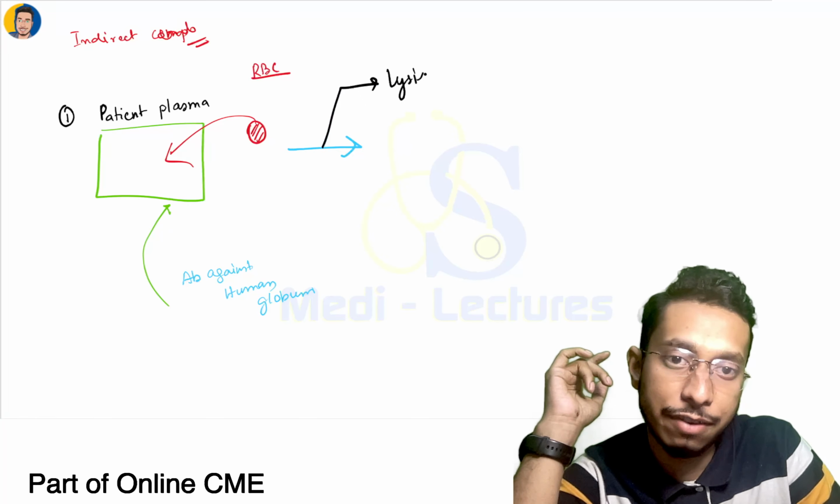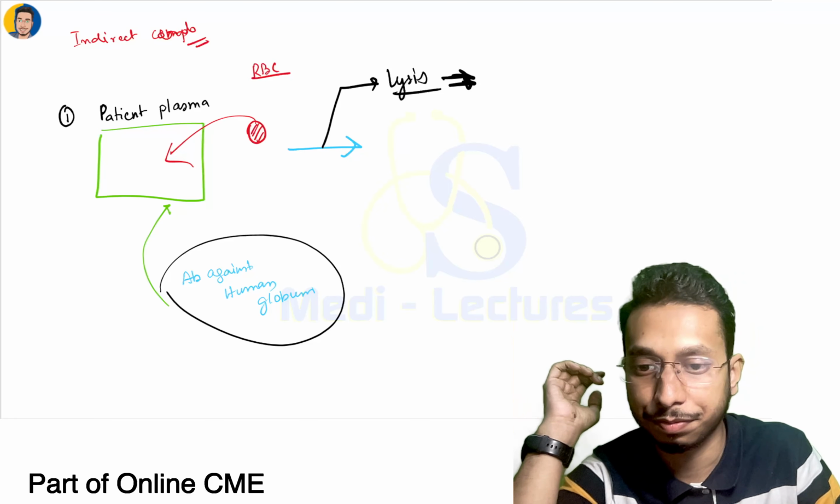It signifies that the patient plasma already contained the antibody. That's why this antibody against human globulin can identify it. So this lysis, red cell agglutination, means cross-matching is negative. Now, if there is no lysis, cross-matching is positive and blood is accepted for transfusion.